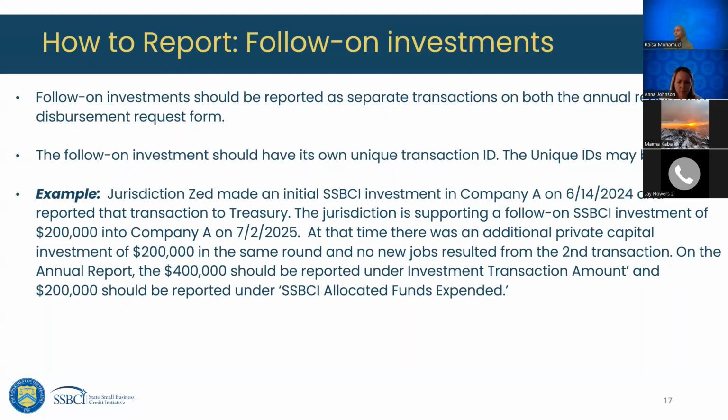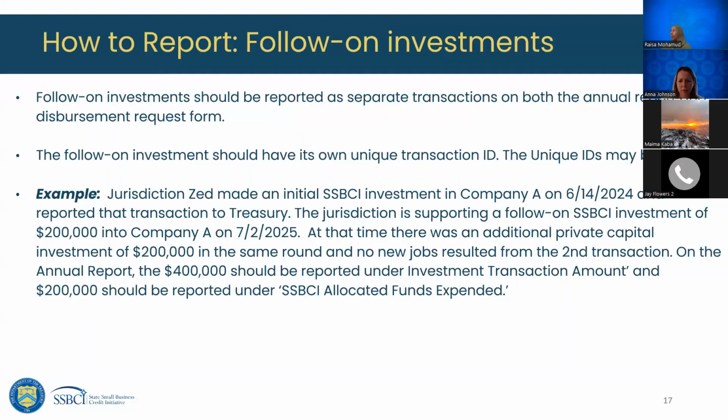So let's get into an example. Jurisdiction Z made an initial SSBCI investment in Company A on 6/14/2024 and reported that transaction to Treasury. The jurisdiction is supporting a follow-on SSBCI investment of $200,000 in Company A on 7/2/2025.